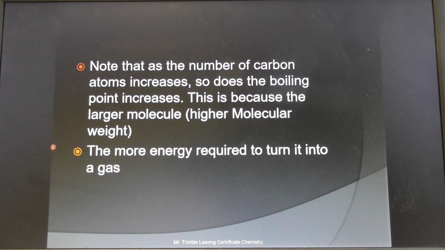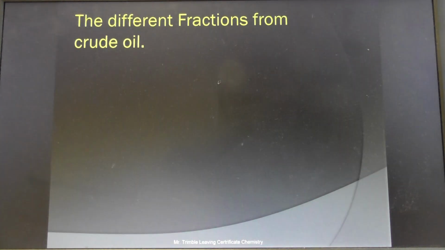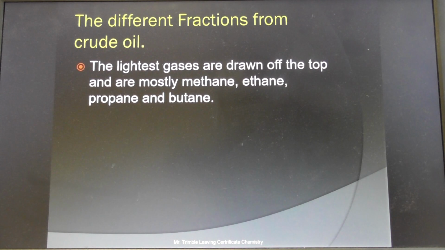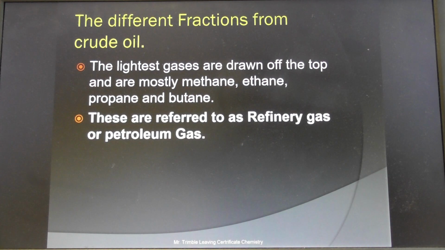We said that already, because the larger molecule, higher molecular weight, the more energy. I hope that makes sense to you guys. The longer the molecule, the more electrons to slosh over and back, the stronger the temporary dipoles between the molecules. Temporary, remember, is only because the electrons are sloshing around.